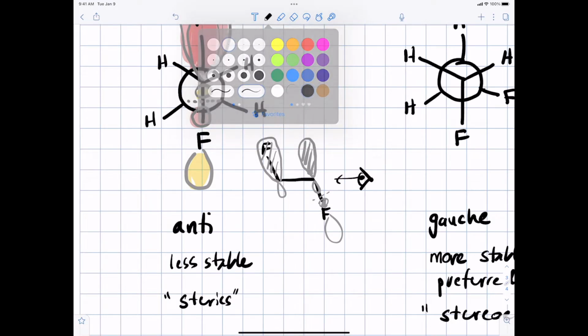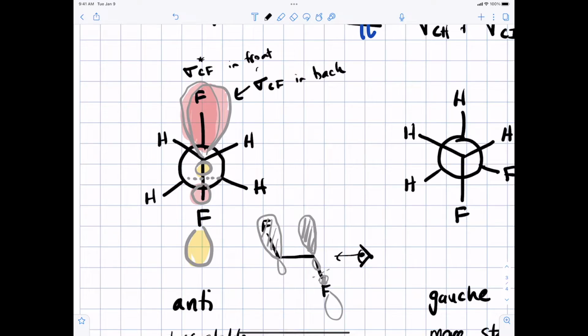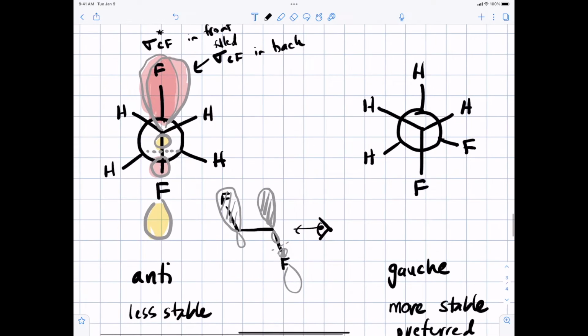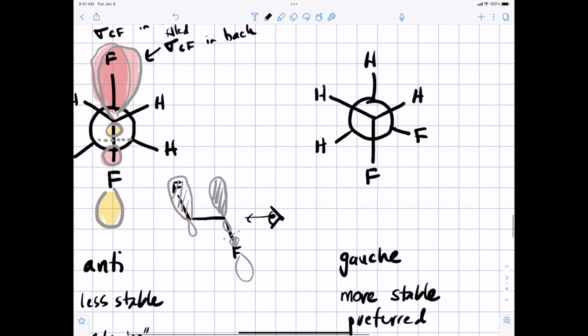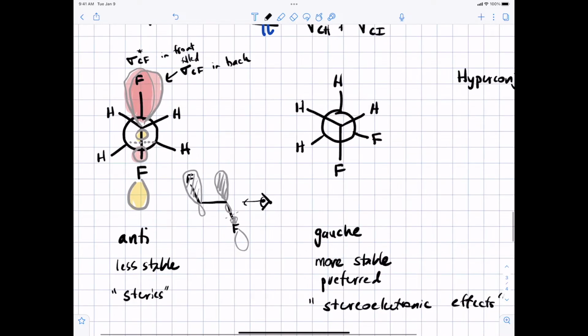And you've got a filled orbital overlapping with an empty orbital. Now let's compare that to the situation over here in the gauche conformation. But before we do that, everybody good with that? See what's going on there? A filled orbital overlapping with an empty orbital.